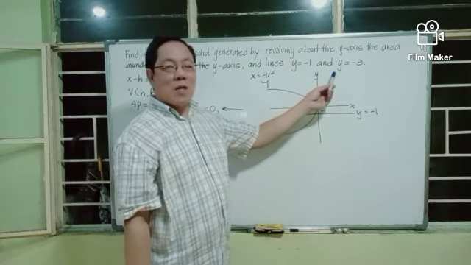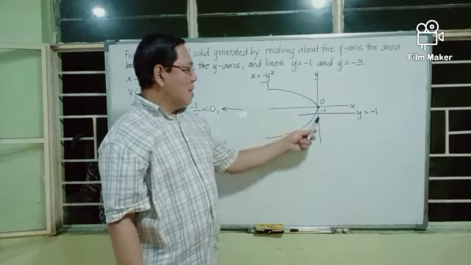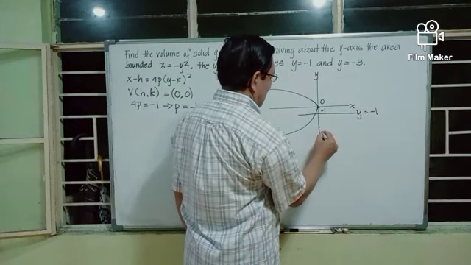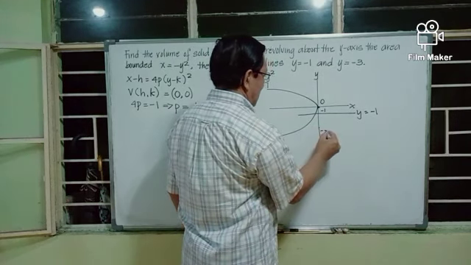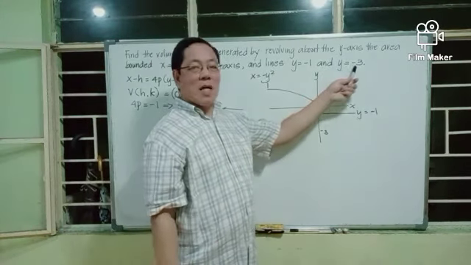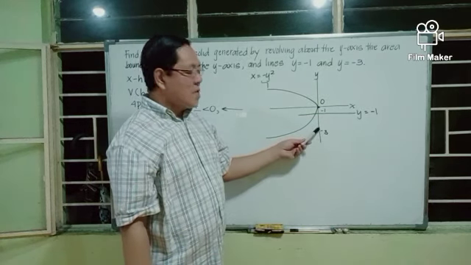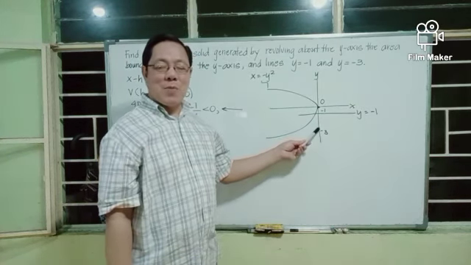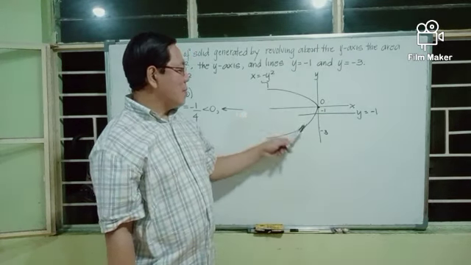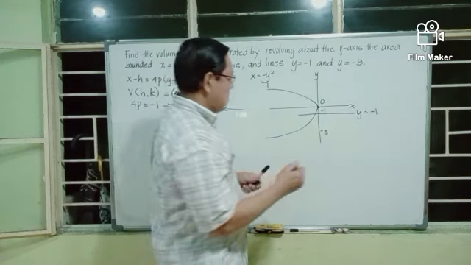The other line has equation y equals -3. Locate y equals -3 on the y-axis. And the graph of the line with the equation y equals -3 is a horizontal line that will pass through this point y equals -3 on the y-axis, and the line is parallel with the x-axis and perpendicular with the y-axis.